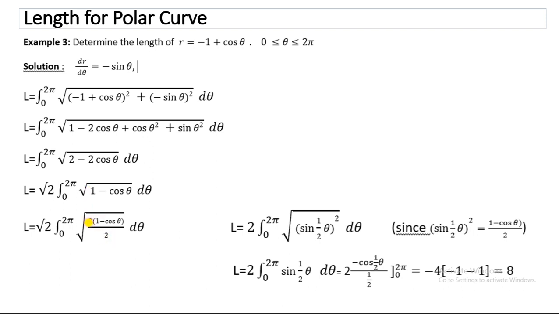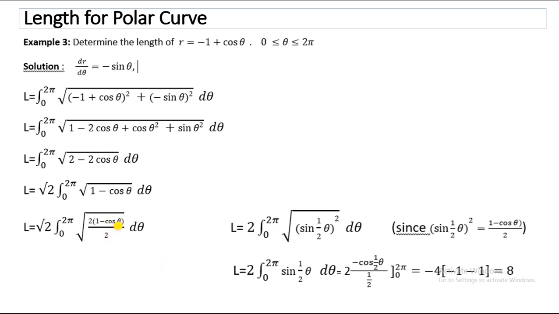I don't need this outside. Outside I will have 2, because square root of 2 multiplied by square root of 2 is 2. Integration from 0 to 2 pi of the square root of this.